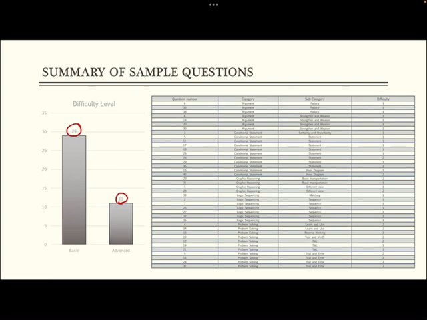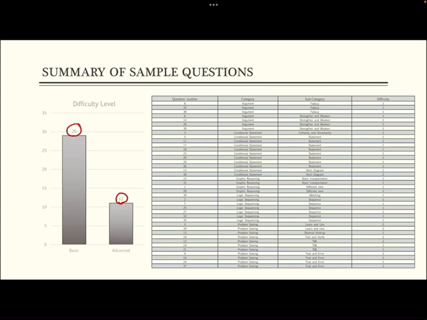So for us, we have to be very, very careful to make sure we get the basic questions correct. If you get all of those correct, you can reach 29 already. 29 out of 40 is already a very good score for this sample test. So that is one suggestion I can give to you.